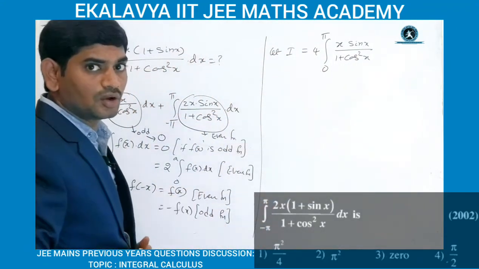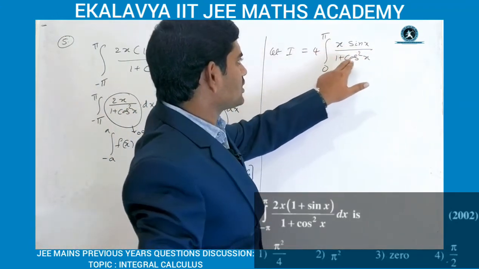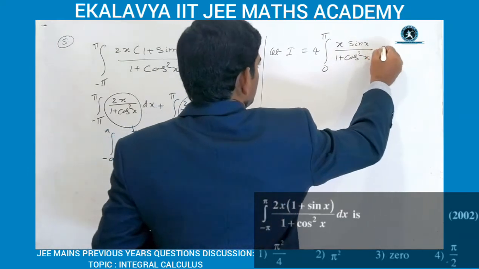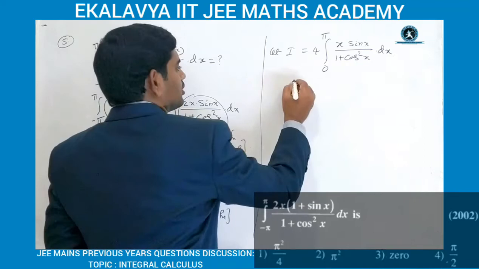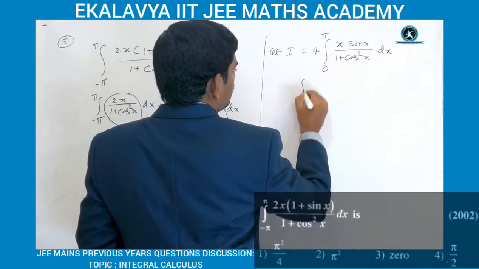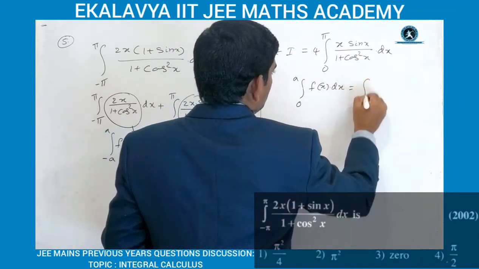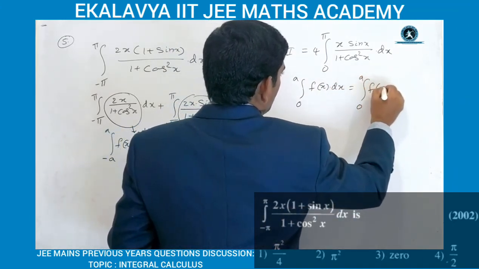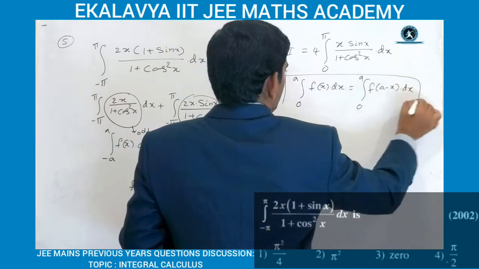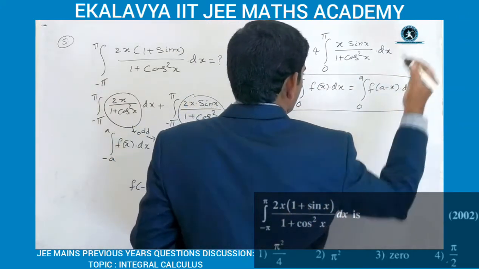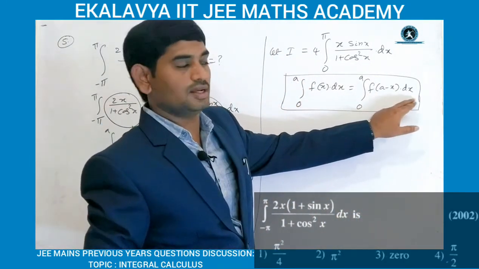So let I be equal to 4 times the integration of 0 to pi x into sin x upon 1 plus cos square x dx. Now I am going to use another property here: integration of 0 to a f of x dx, we can also write as integration of 0 to a f of a minus x dx.